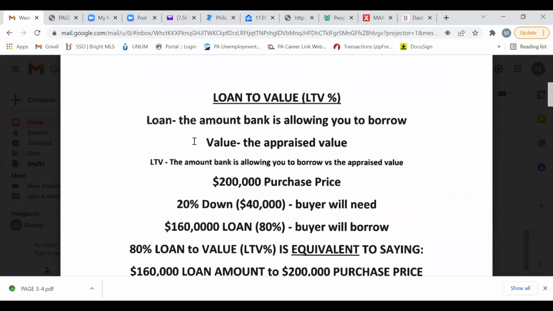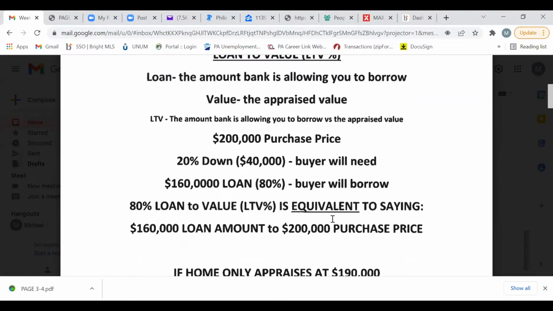The loan is the amount the bank is allowing you to borrow. The value is the appraised value. Loan to value is the amount the bank is allowing you to borrow versus the appraised value. So it's a percentage.